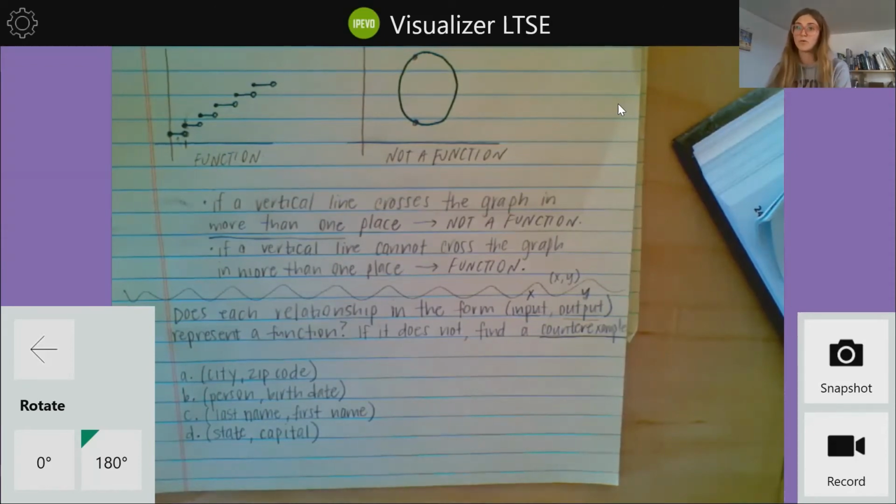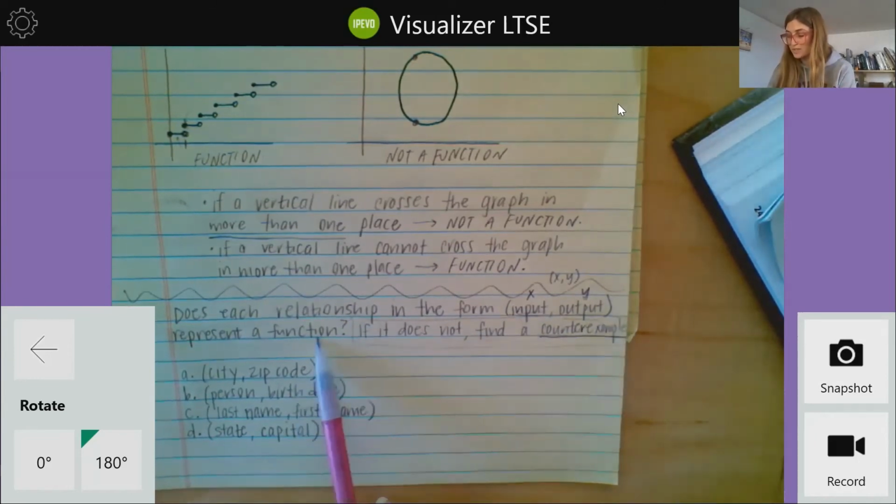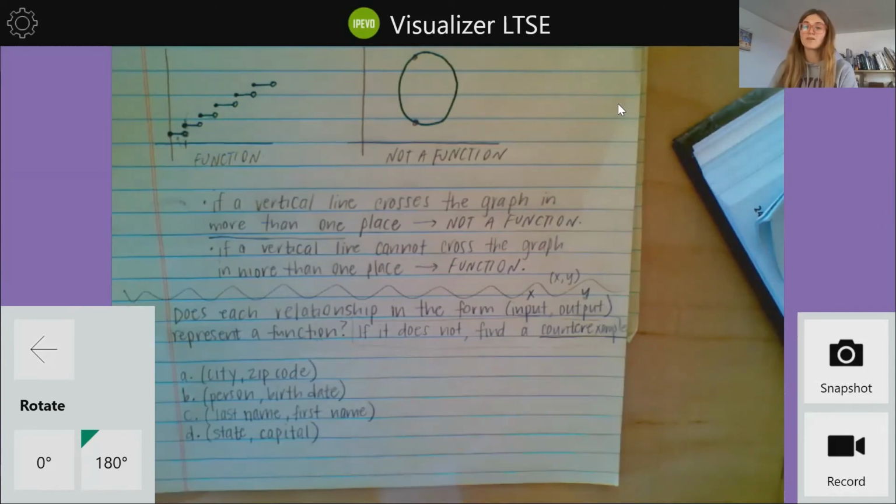Cortez is 81321. However, in bigger cities, generally, there will be more than one zip code. So if this relationship does not represent a function, we're going to find a counterexample. So a counterexample is just a way of proving why it wouldn't be a function.